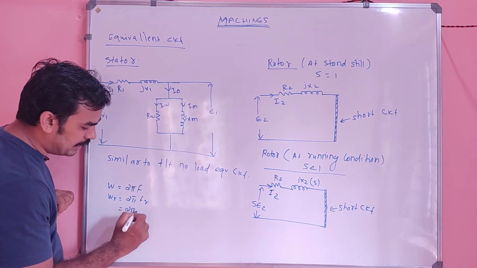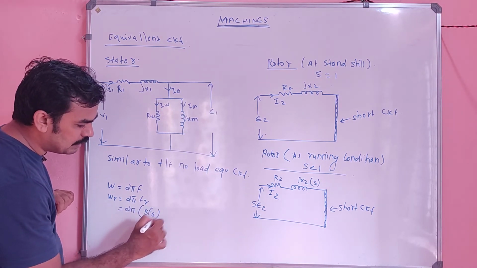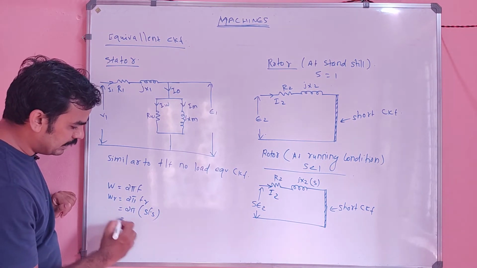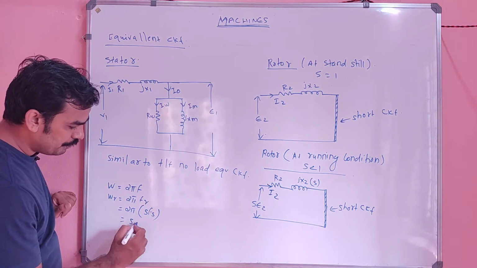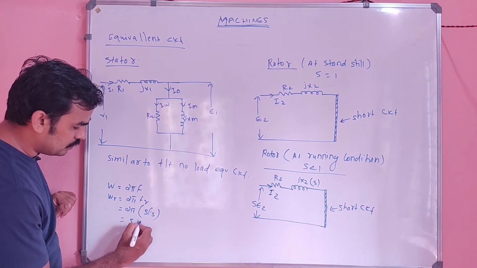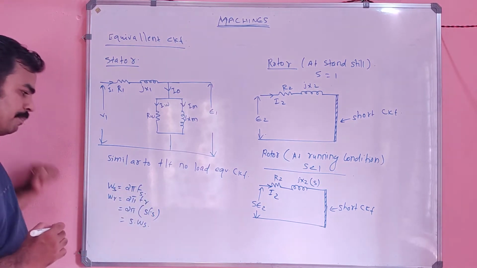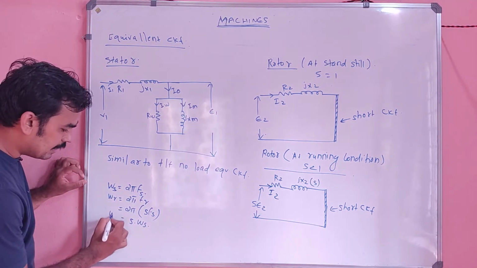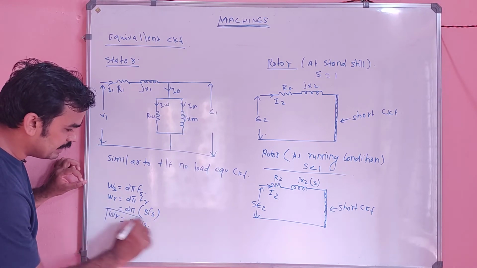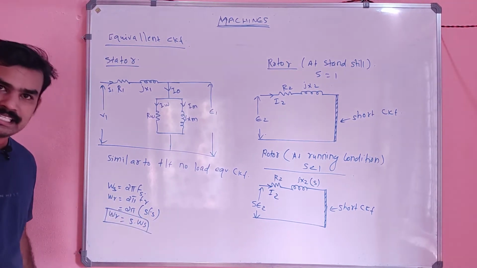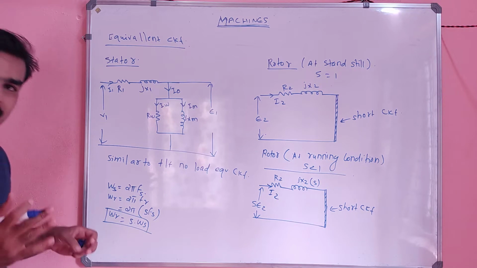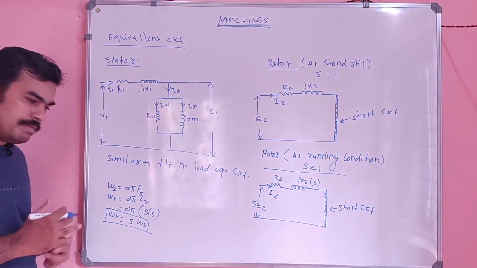It can be treated like 2 pi into S into F, so it can be treated like S into 2 pi into Fs, which is nothing but omega S. So omega R will be equal to S times omega S, correct? So if you introduce slip, where will it be affected?